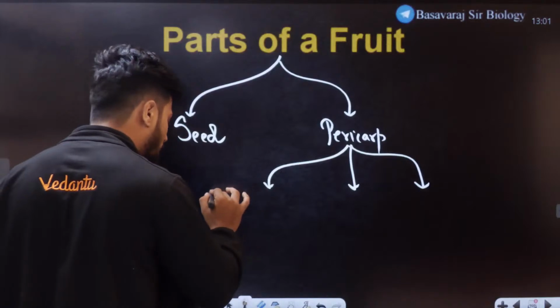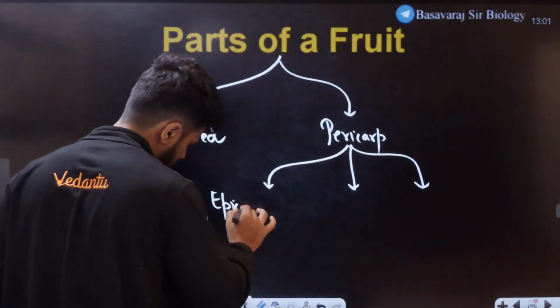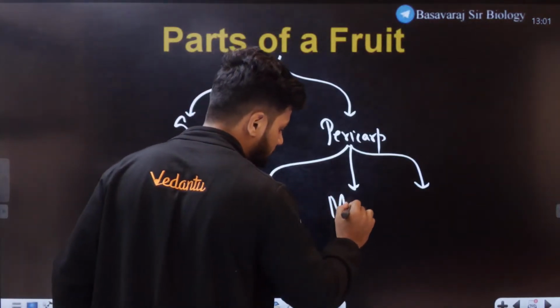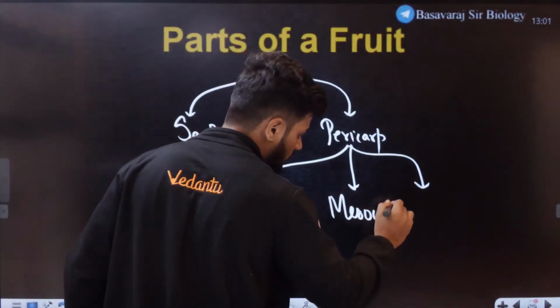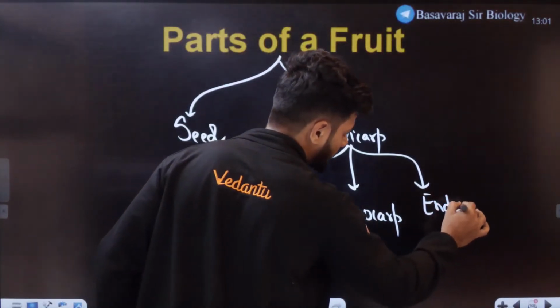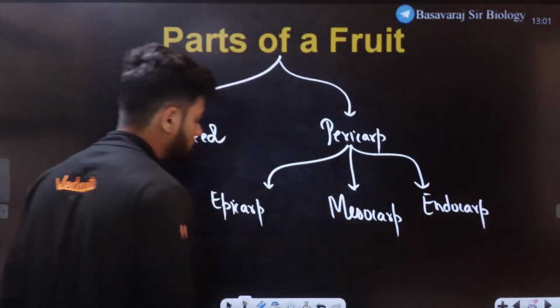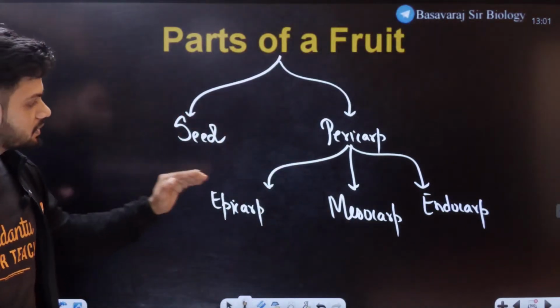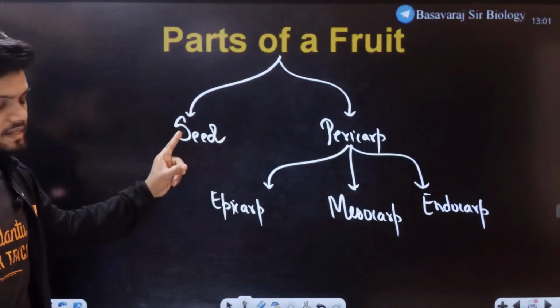The first one is called epicarp. The second one is called mesocarp. And the third one is called endocarp. Epicarp, mesocarp and endocarp are the three main parts of pericarp. Seed is the other one.